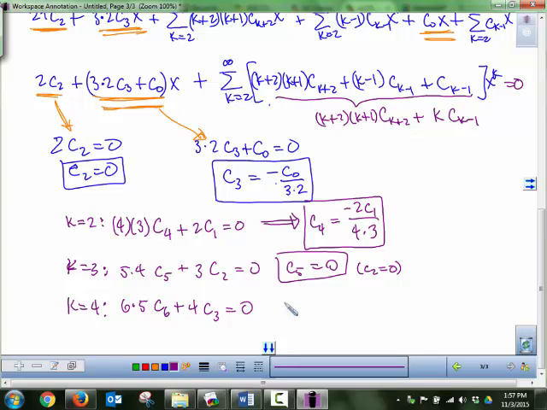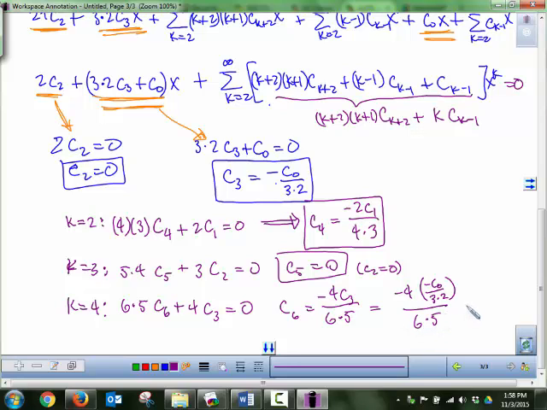So now we have c sub 6 equals negative 4 c sub 3 divided by 6 times 5. We have c sub 3 somewhere. Oh, right here. So we have negative 4, negative c sub 0 divided by 3 times 2 divided by 6 times 5.